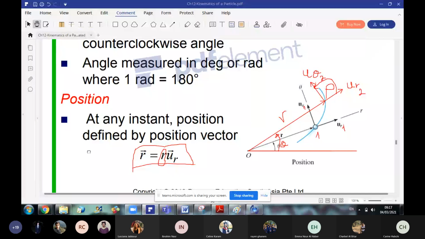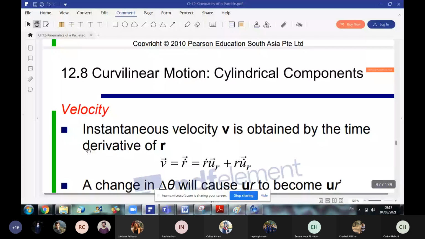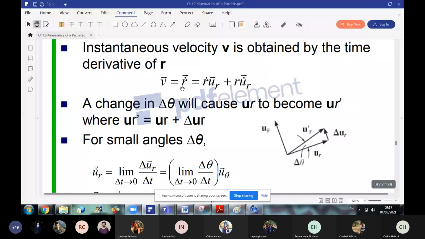As we said, first, to find the velocity, we should derive vector r with respect to time. And since vector r is r UR, I am deriving r times UR over dt. And r times UR is like the product UV.